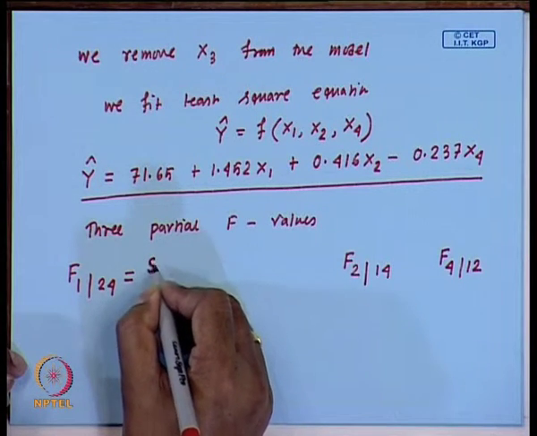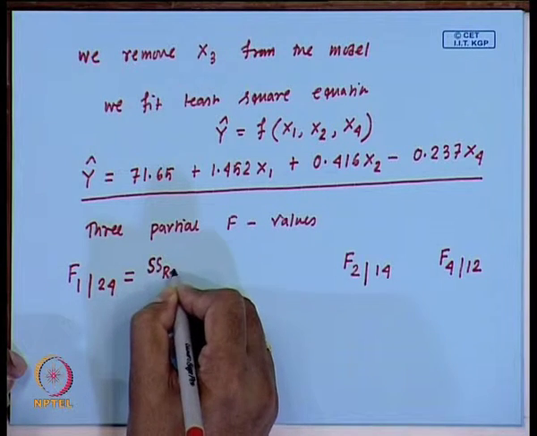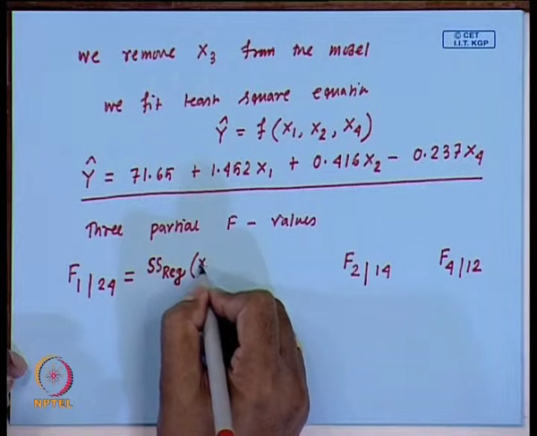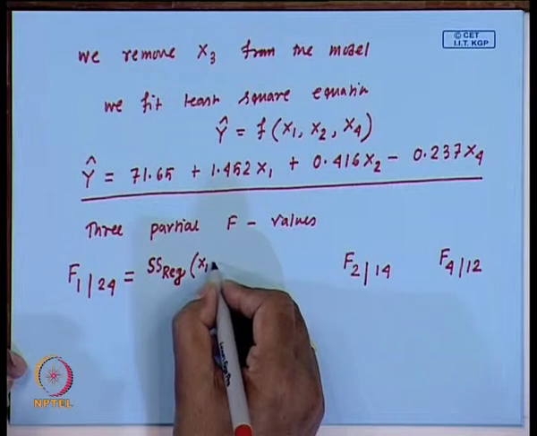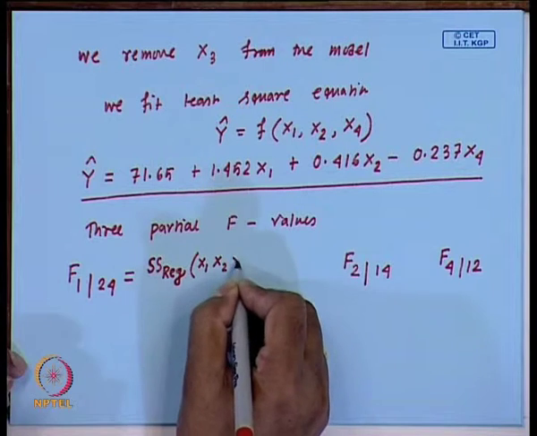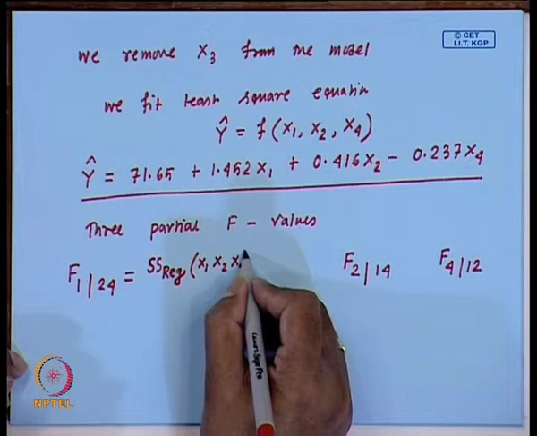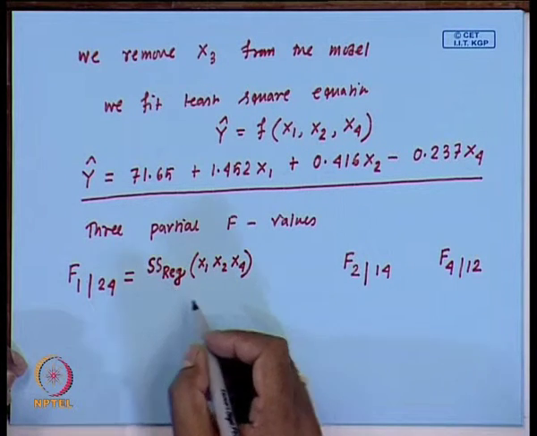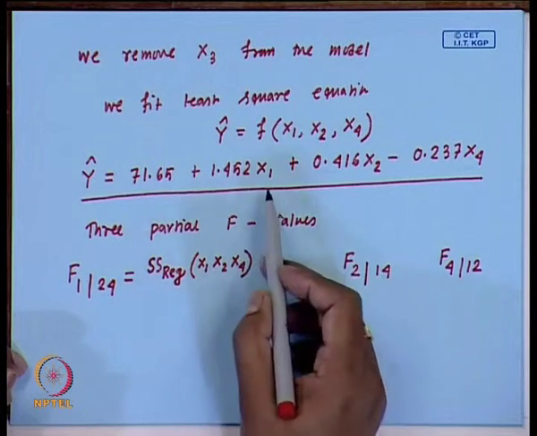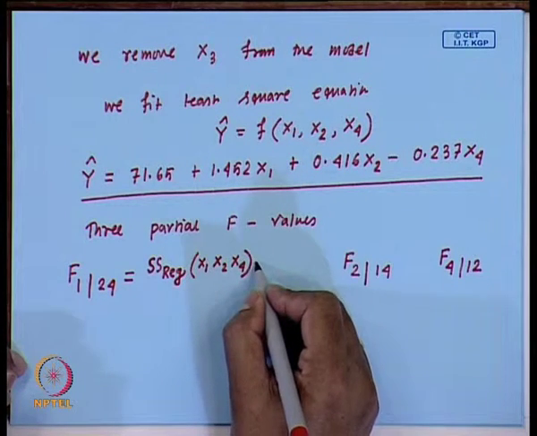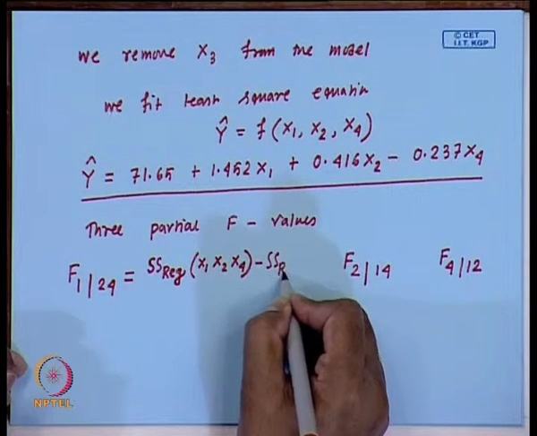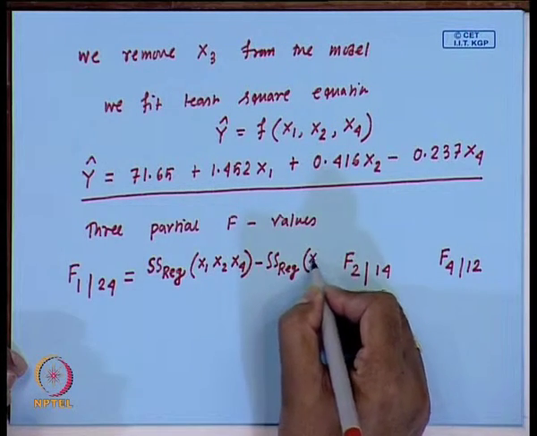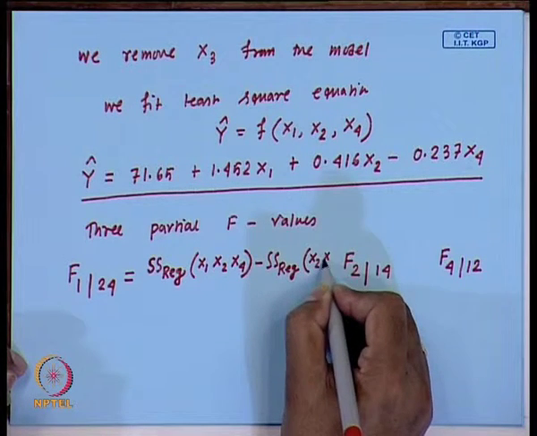So, here you compute SS regression for the model x 1, x 2, x 4. So, this is the SS regression when the model involves x 1, x 2 and x 4 minus SS regression when the model involves only x 2 and x 4.